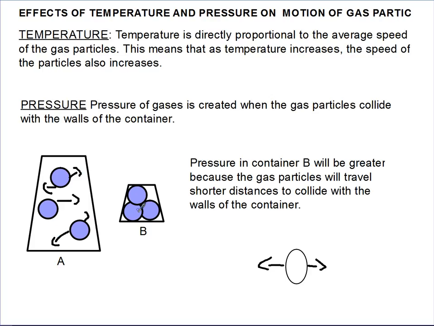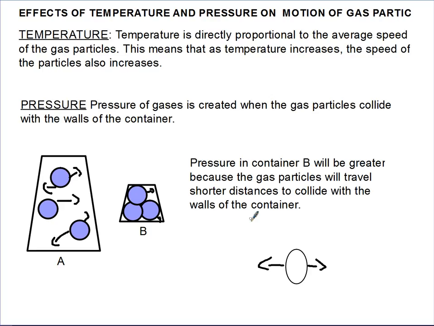But in B, the particles are closely packed, so they will travel shorter distances before they hit the walls. So pressure in container B will be greater because the gas particles will travel shorter distances to collide with the walls of the container.